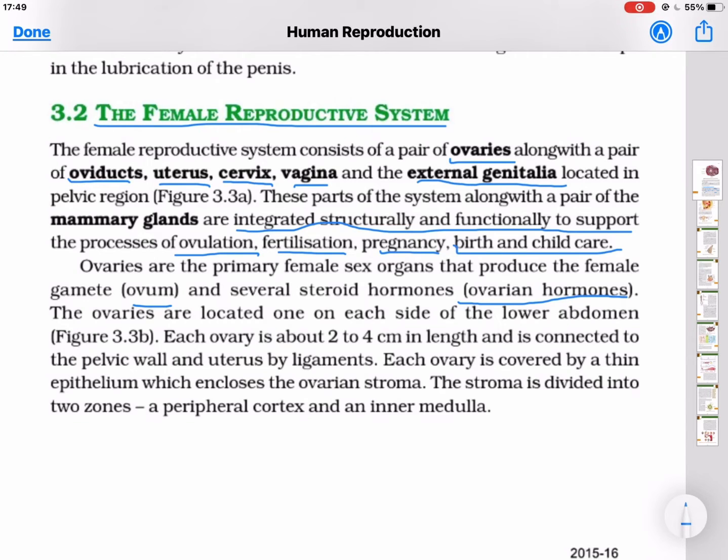Ligament is a fibrous connective tissue. Each ovary is covered by a thin epithelium which encloses the ovarian stroma. Stroma is a jelly-like cytoplasm. The stroma is divided into two zones, the peripheral cortex and the inner medulla.